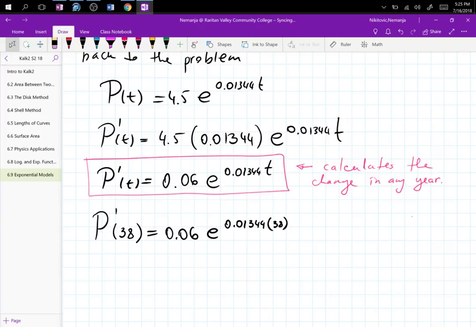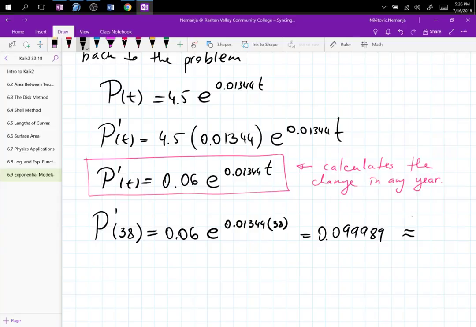Okay, 0.06 times e, and then 0.1344 times 38 is going to be, on this calculator here, 0.9999, and then 89 and so on. So that was 3989, and then some 432s and so on.